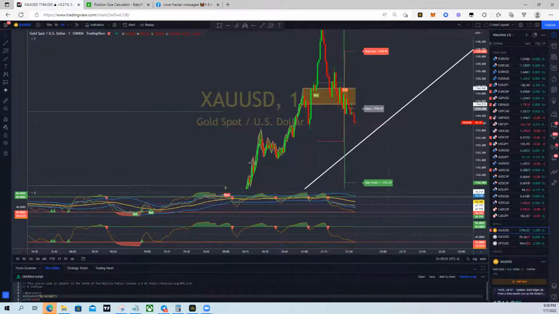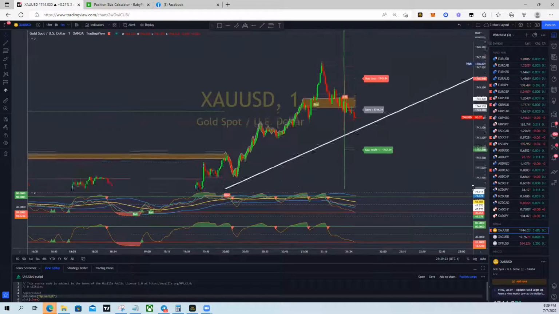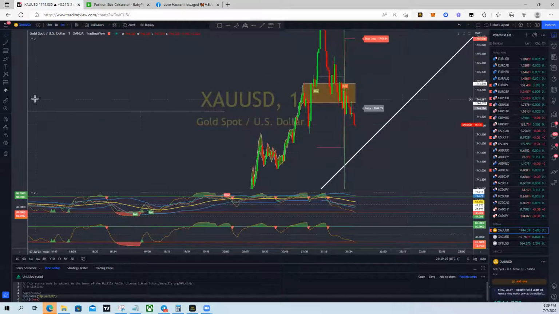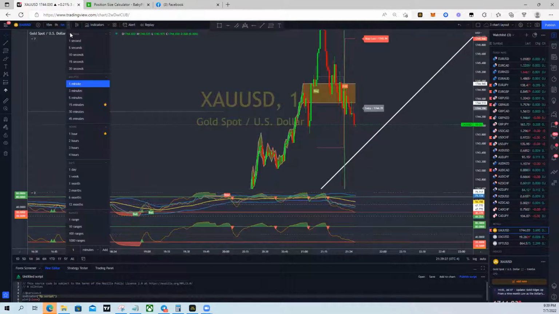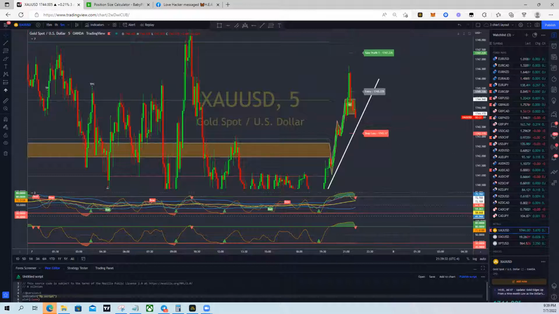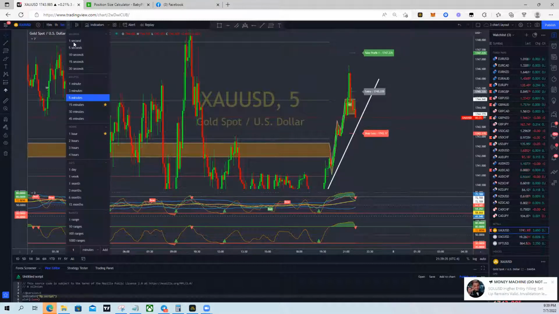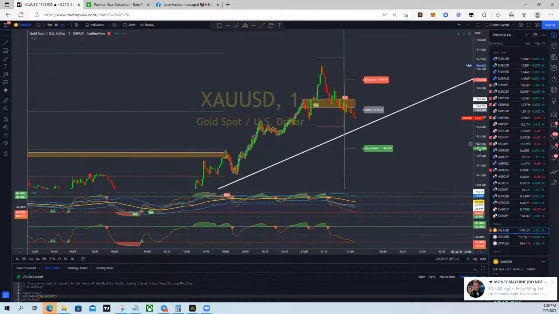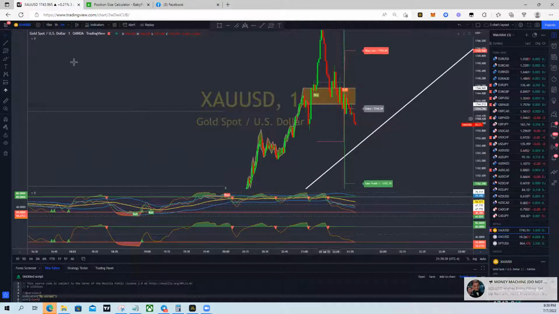All right, so being that it's already in profit, the best thing to do is probably wait for a pullback on a smaller time frame. See if we can get on a smaller time frame. 5 minutes hasn't told us to sell yet on the 5. So we get a pullback on a lower time frame to give us the entry.